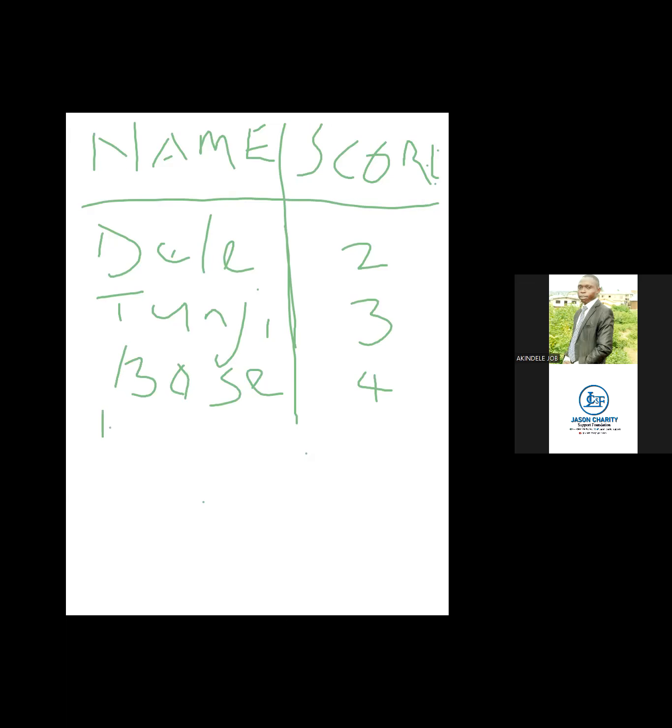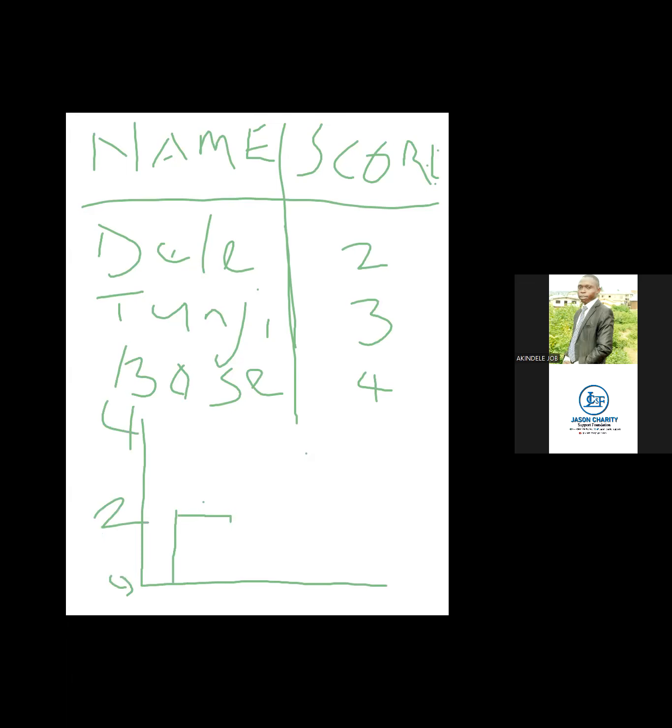Now, you draw your graph like what we have done already. Here we must have an appropriate scale. Let's say we use 2, and then we use 4. The highest is 4, the lowest is 2. The first one is Dele, we can use D. So Dele has 2, so you draw your bar.